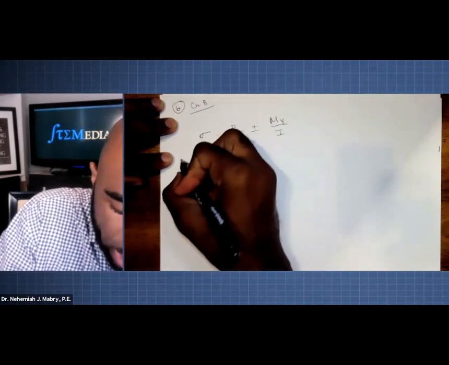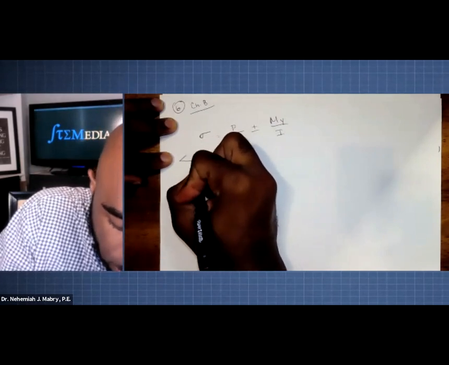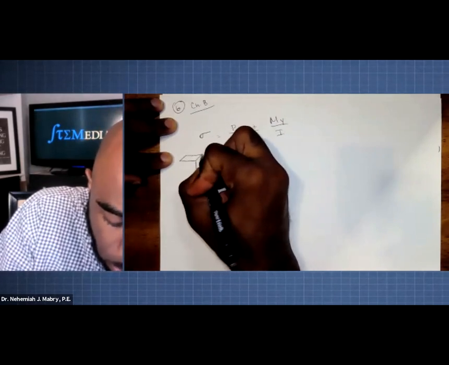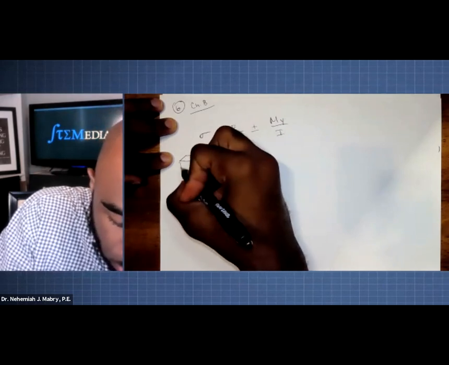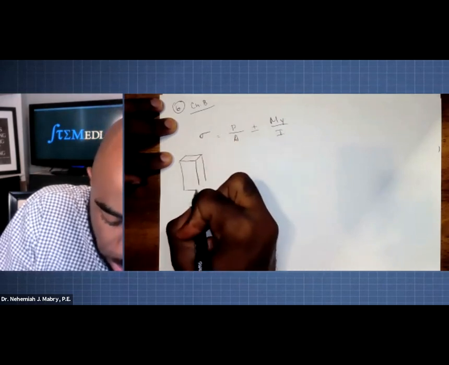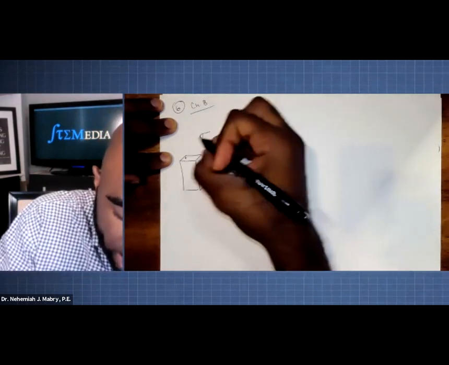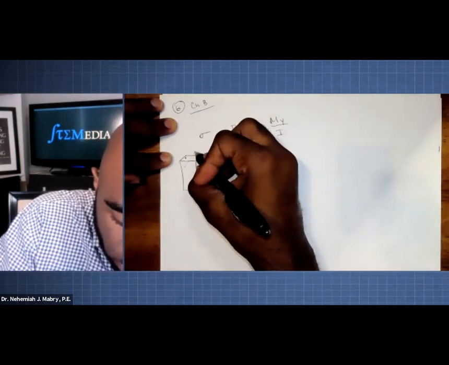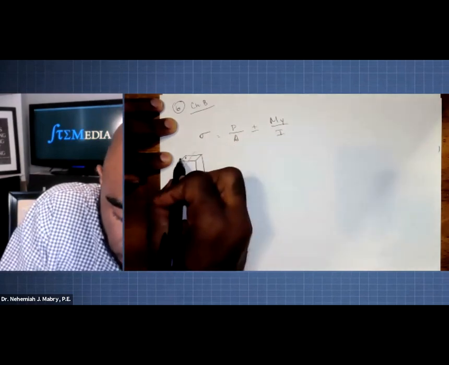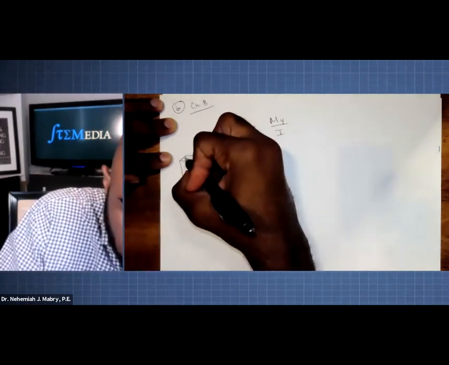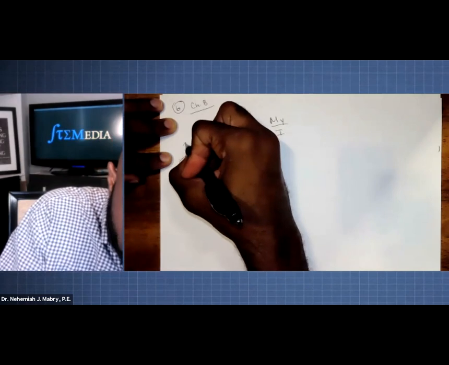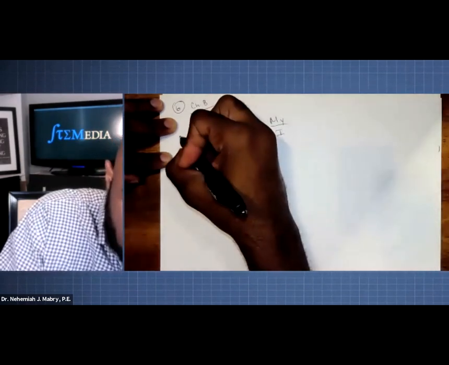Let's just say we had a bar sticking out of the ground like this. And for the axial load, we know that this is the neutral axis here in both directions, but the axial load is over here, and it's going up.